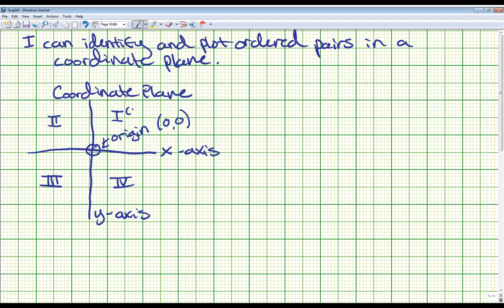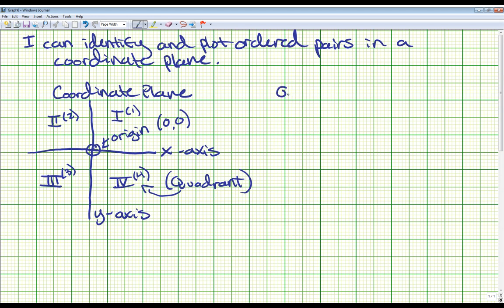So this is the Roman numeral for 1, this is the Roman numeral for 2, quadrant 3, and quadrant 4. And these are called quadrants. This is how you spell quadrants. So that's what we call those 4 sections. So we have usually been using in this grade level quadrant 1 because these are all positive numbers. We're going to talk about quadrant 2, 3, and 4 today and plotting more than just positive numbers.